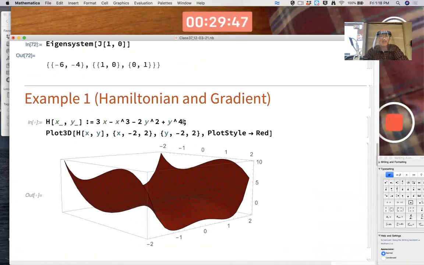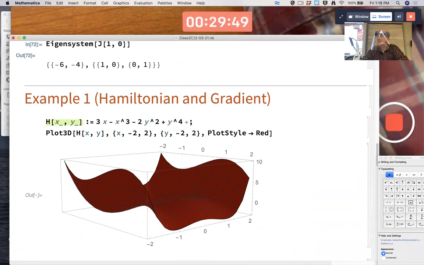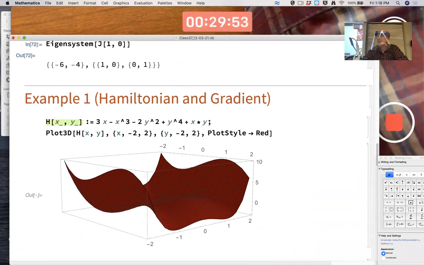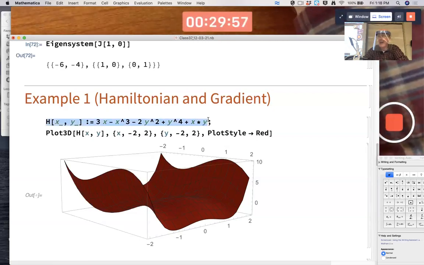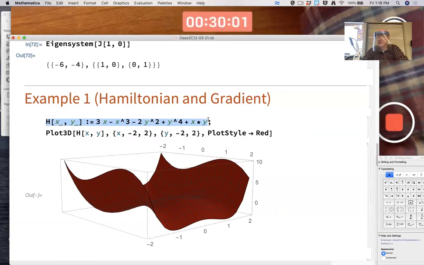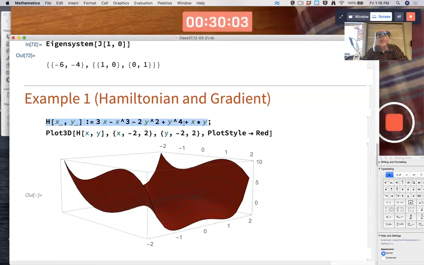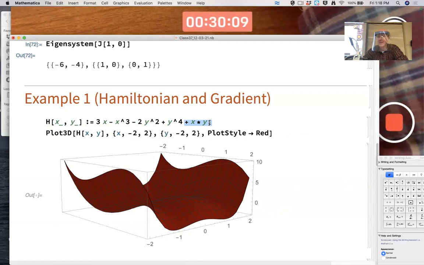Let's make it have a term that involves both x and y, say x times y. Now the partial of h with respect to y will include x, and the partial with respect to x will include y, because you got this plus x times y term. If you differentiate that with respect to y, you get x. If you differentiate it with respect to x, you get y.